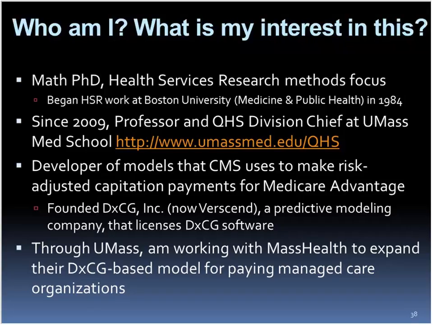So just a moment to introduce myself. I'm a mathematician who wandered into healthcare several decades ago, and I was involved in the work that built the models that CMS uses for risk adjustment in the Medicare Advantage program.